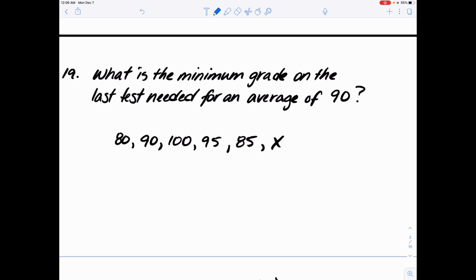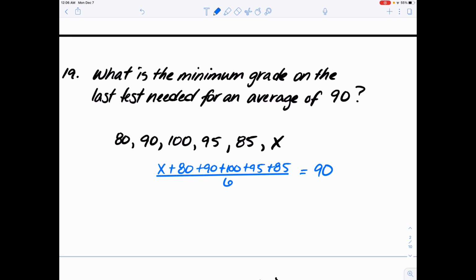We know we need to add up all of our grades: x plus 80 plus 90 plus 100 plus 95 plus 85. We'll have to divide all those test grades by the number of them, which is 6. That's going to equal my average for the class, which in this case I want to be 90.